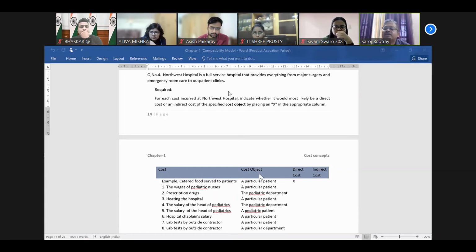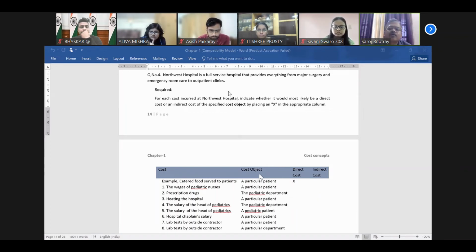Suppose the patient is X. X is a patient of the pediatric department, and drugs are prescribed to X. So you can identify it with X, not even the department. And X belongs to the pediatric department, so you can identify it with the pediatric department.